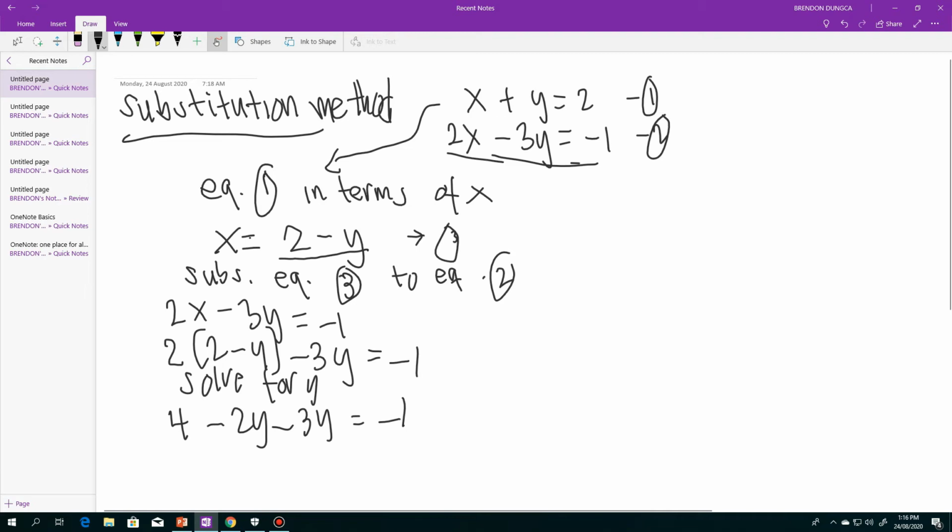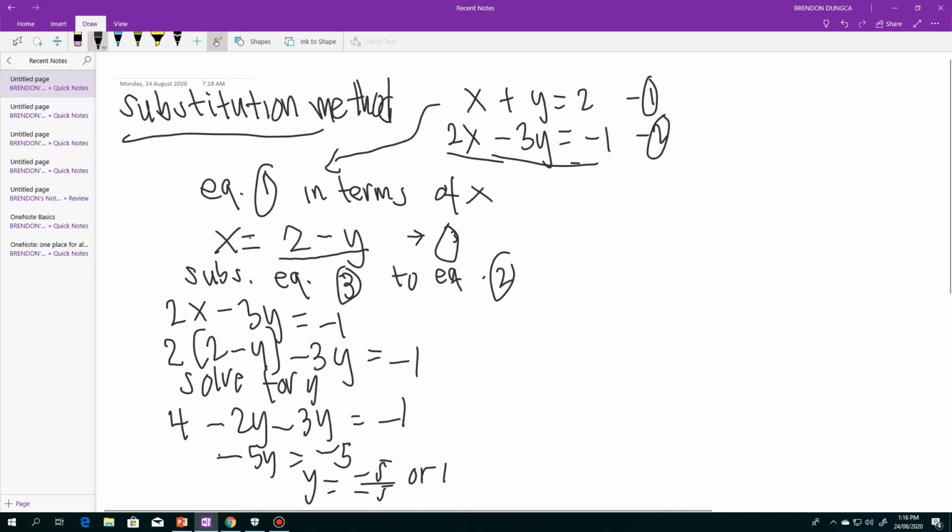And combining like terms, these two make negative 5y, and then 4 transferred to the right side becomes negative 4, so negative 1 minus 4 is negative 5. So therefore, y is equal to negative 5 over negative 5, or 1. So y is equal to 1.